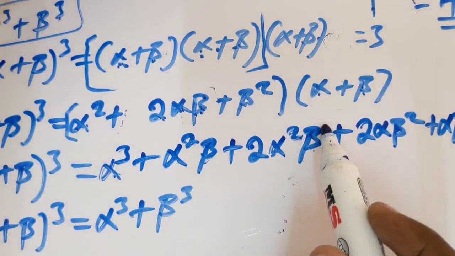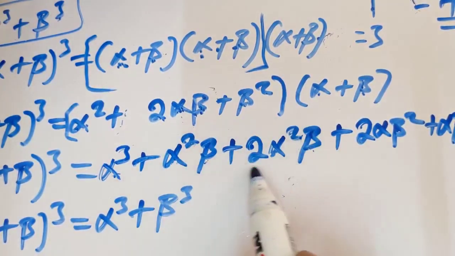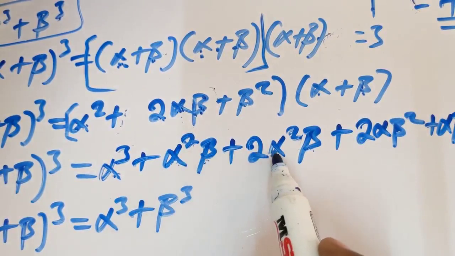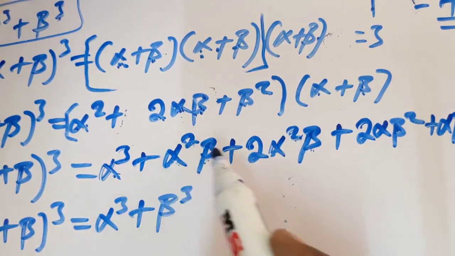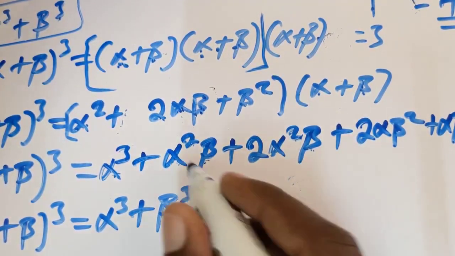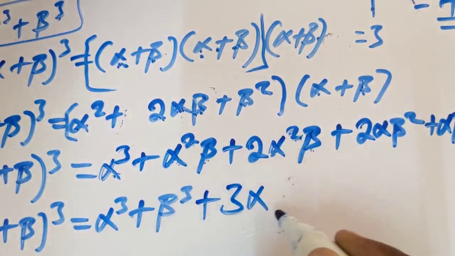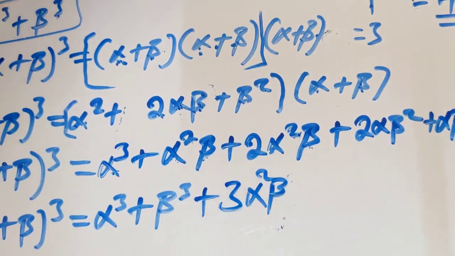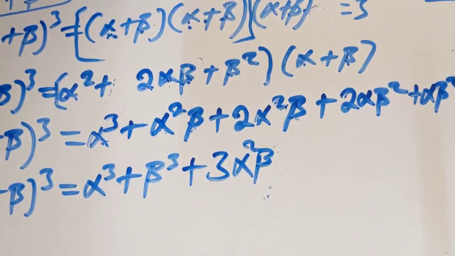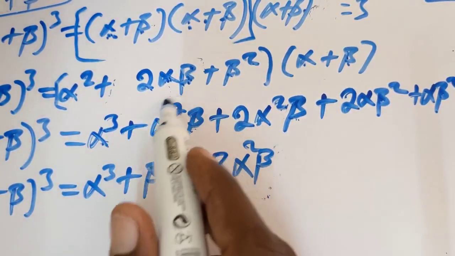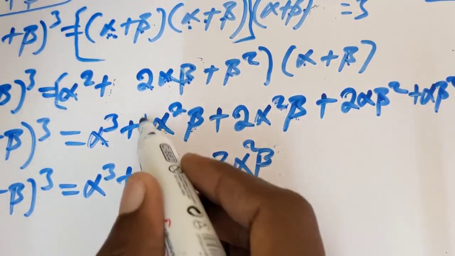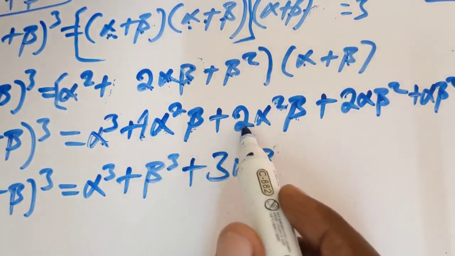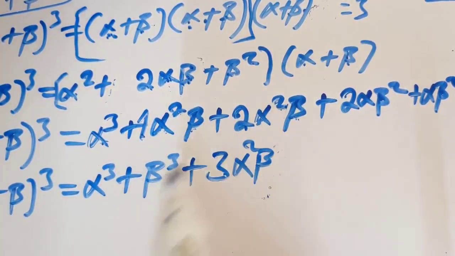So that means these are like terms. So there is alpha squared beta, then 2 alpha squared beta, meaning it is going to be 3 alpha squared beta, like that. Have you seen? This one is just 1. There is 1 here. That is what it means. So just add 1 plus 2, that is 3, then you just copy this.